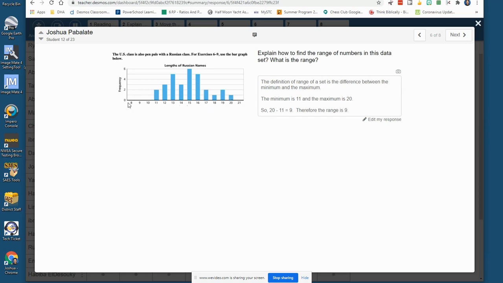Although there is an 8, a 9, and a 10 here, there's no one with that length of name, so that is not a piece of data in our set. Same with 21. Nobody has 21 letters in their name, so I'm not counting that. It's just here to help me organize my number line. That's why the minimum is 11 and not 8, and the maximum is 20, not 21.